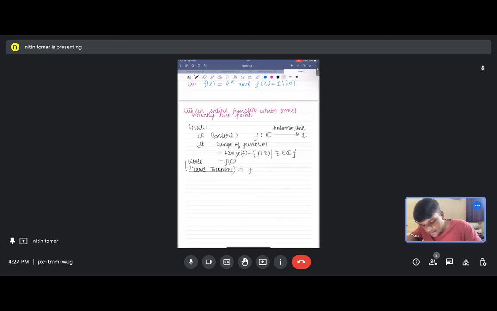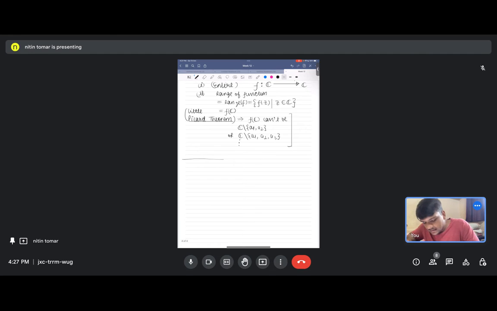That f of c, this range set cannot be C minus some A1 A2, or C minus A1 A2 A3, and so on. Now do you get it? So in the range you cannot have more than 1 point lost.